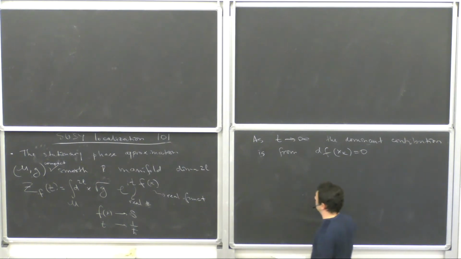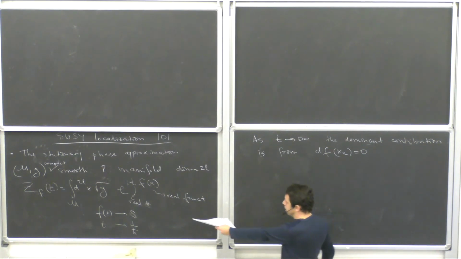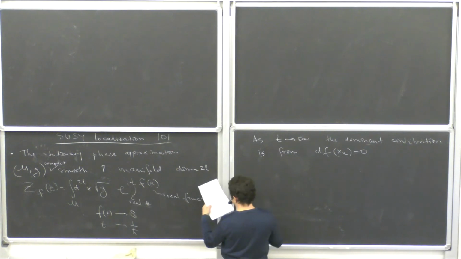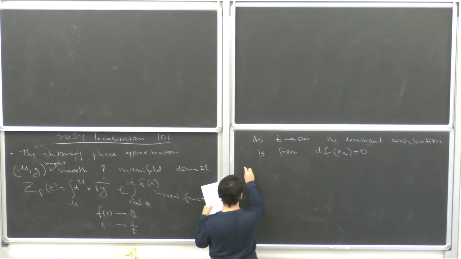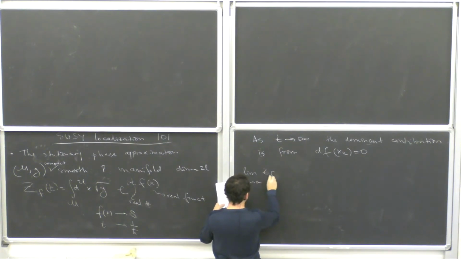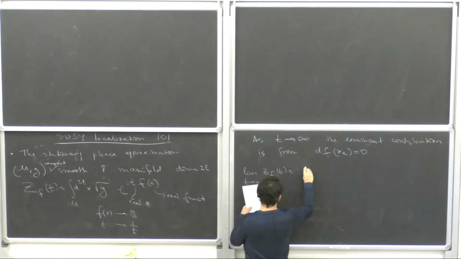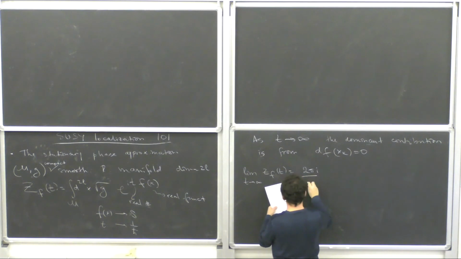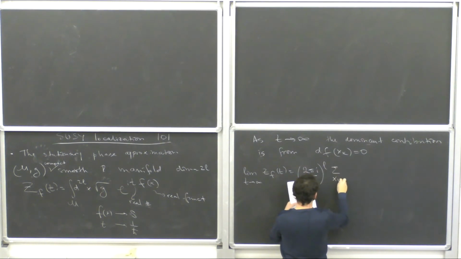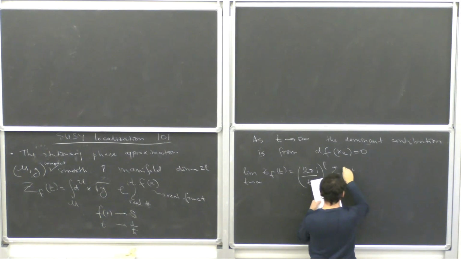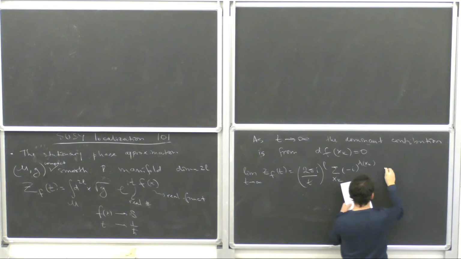And then at those points, the answer for this integral takes the following form. So, limit t going to infinity, Z_f(t). There are some coefficients. You have to sum over all the critical points or the fixed points. There are some annoying i's because of signs.